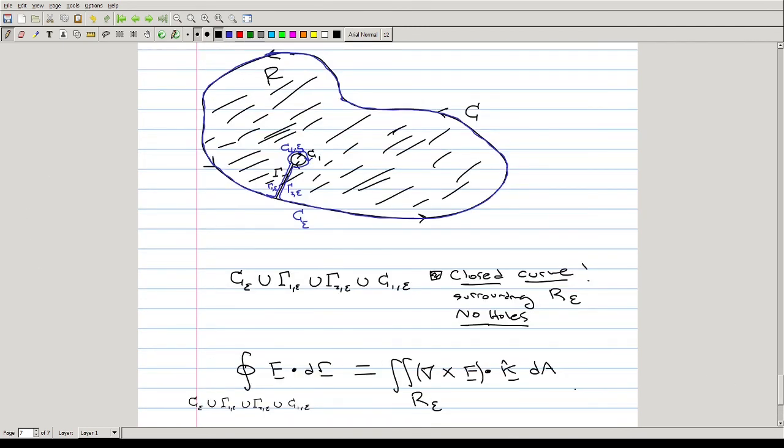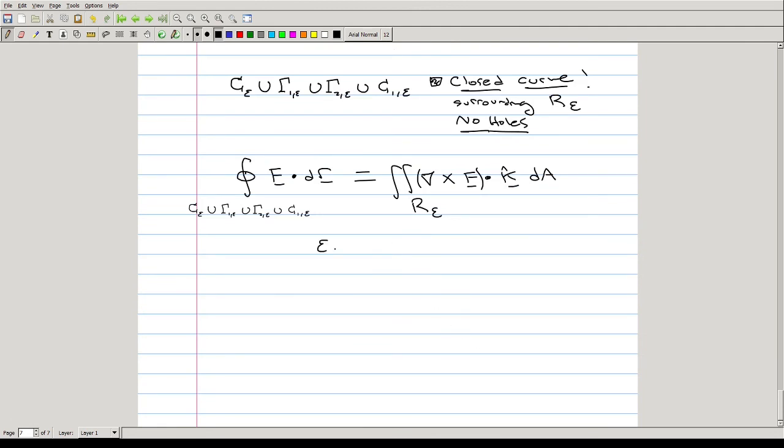And just like before, what we're going to do is consider the limit as epsilon goes to 0.